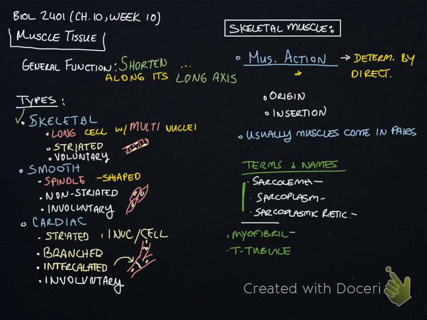We need at least two attachment points, and we call those origin and insertion. If you remember from lab, the origin is the less movable region, and the insertion is the more movable region.